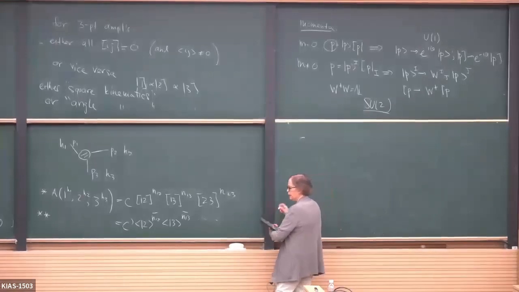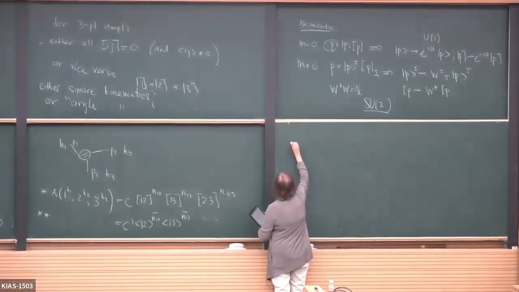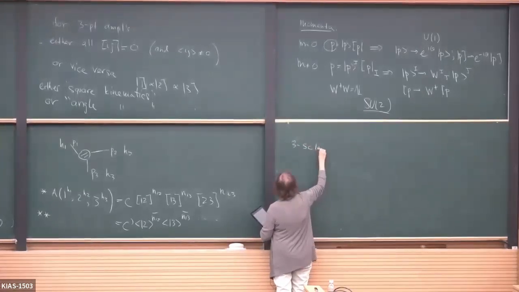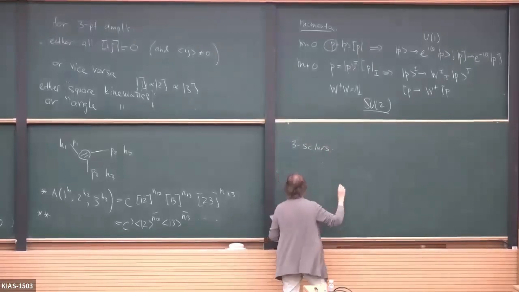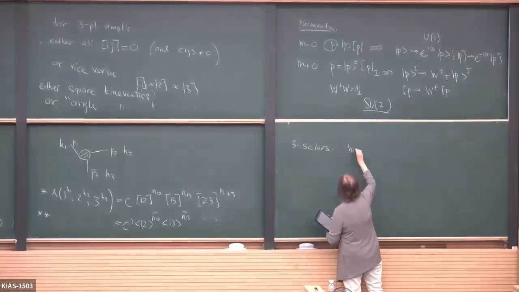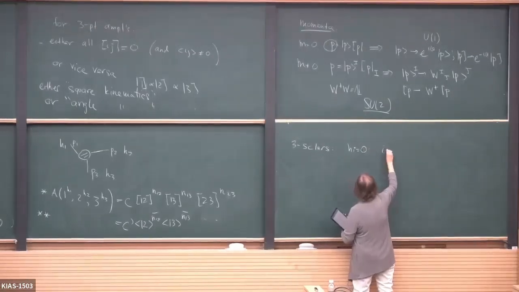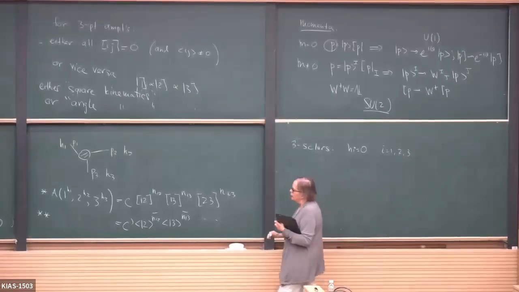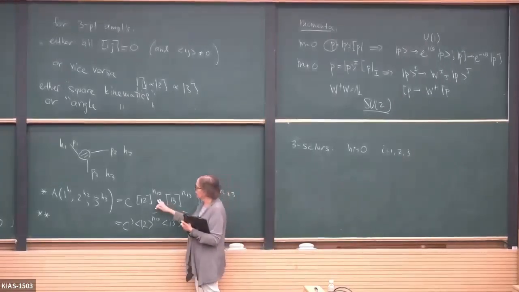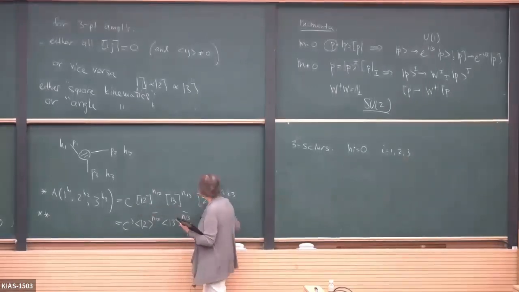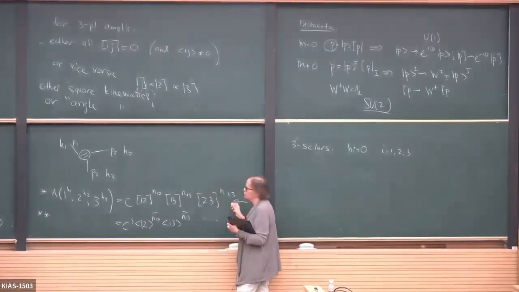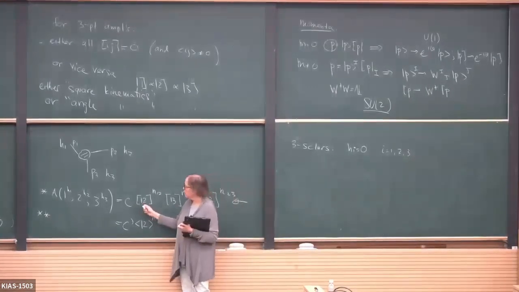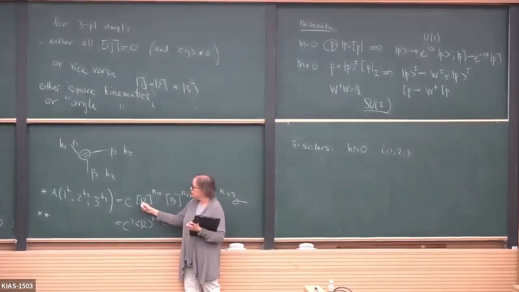So let me think about 3 scalars. 3 scalars means that H1, H2, and H3 are all 0. And that tells me that if I look at the helicity weight of, let's say, let's work with this form, suppose I look at the weight of 1.